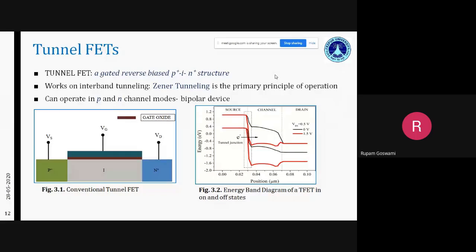Also, another important point is that from the source, the minority carriers are tunneling into the channel because the source is p-type. So this tunneling process depends on a number of factors, which we will discuss in one of the upcoming slides.